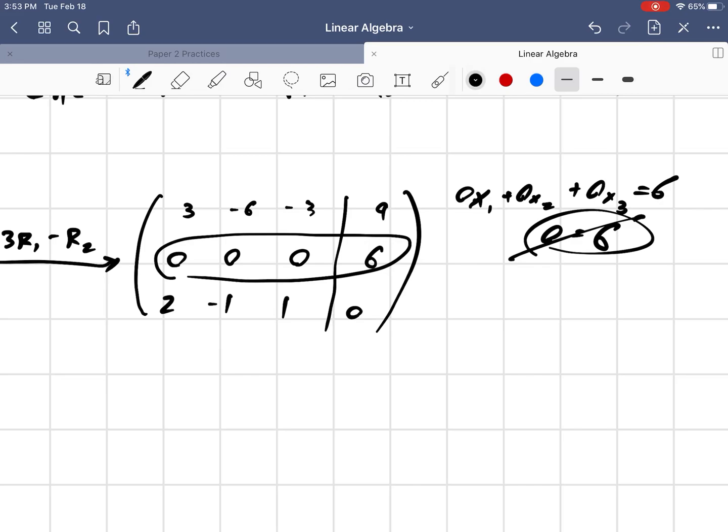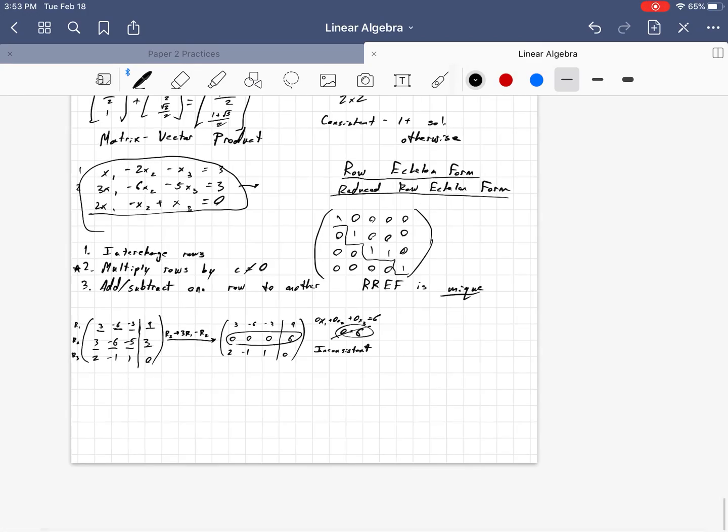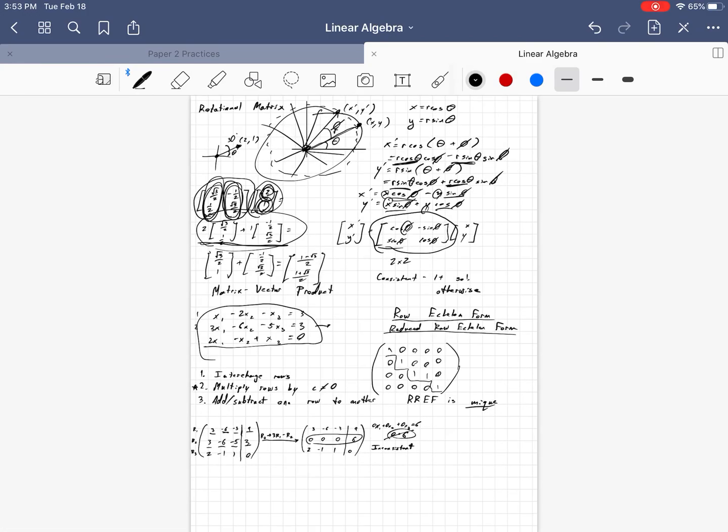So whenever you see a row whose only non-zero entry is in the final column, the system is inconsistent and has no solutions. In the traditional way of eliminating and simplifying systems of linear equations that would be obvious to you, but I'm just pointing that out when we are dealing with linear systems in matrix form.